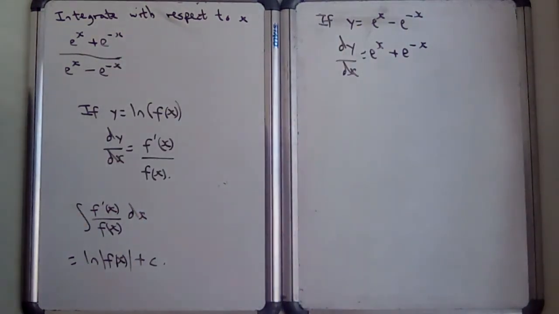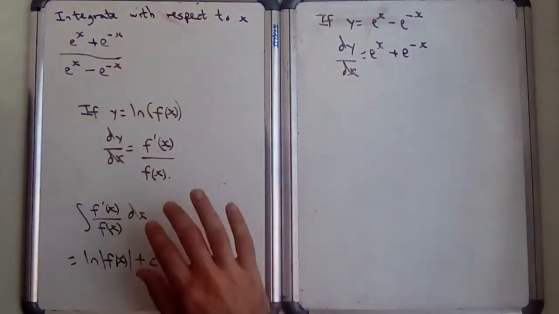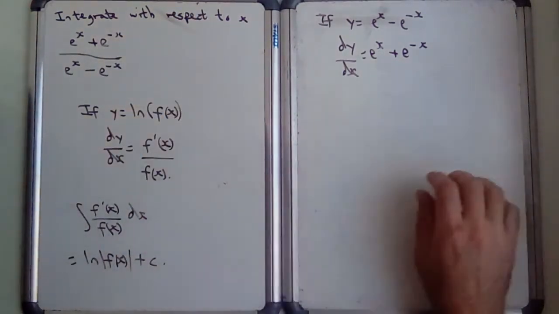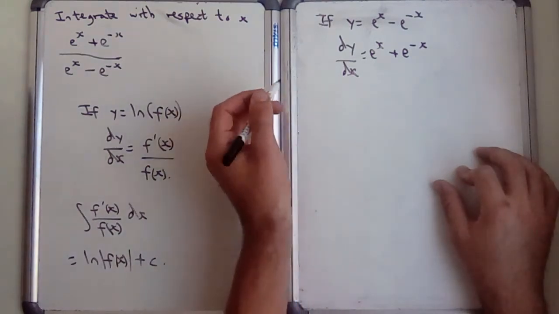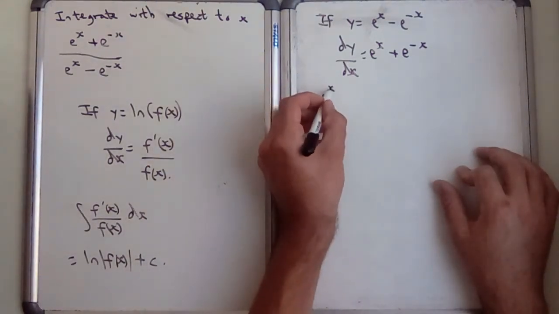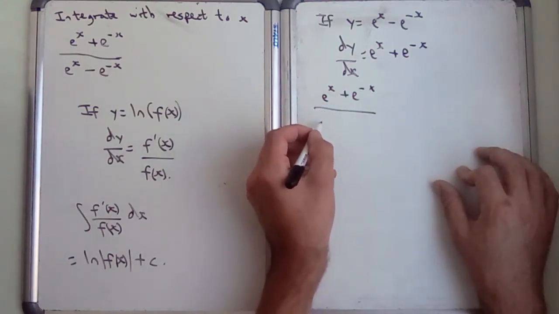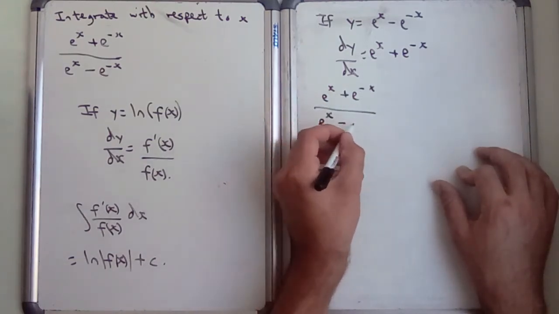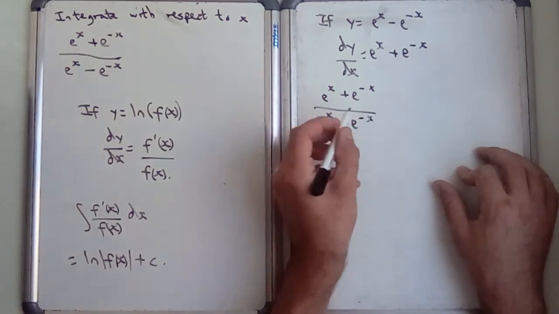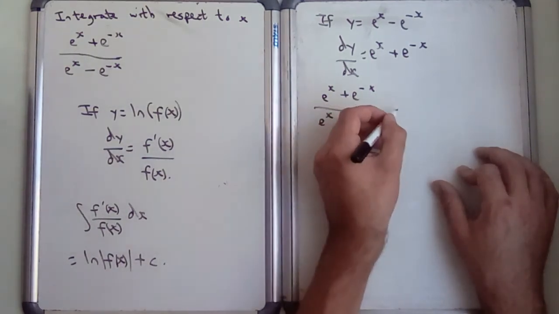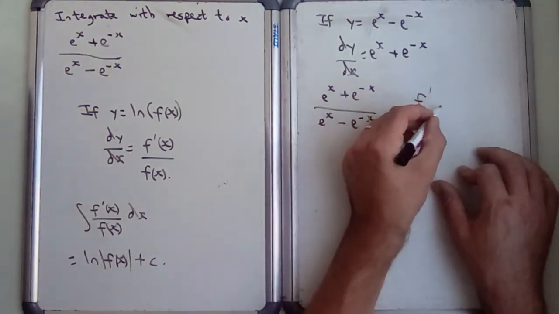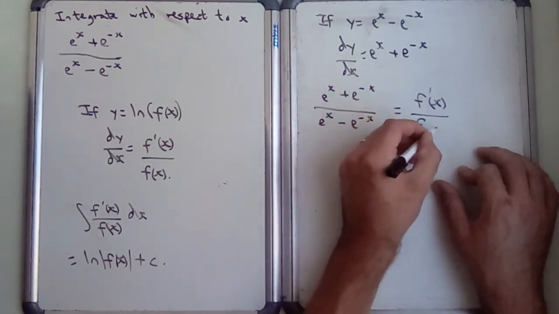So we do have the form f dashed x over f of x. So (e to the x plus e to the minus x) over (e to the x minus e to the minus x) does equal f dashed x over f of x.